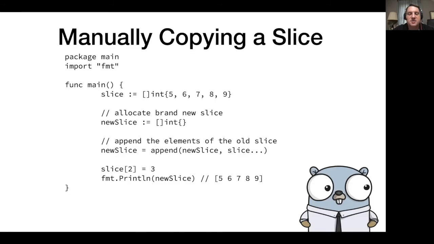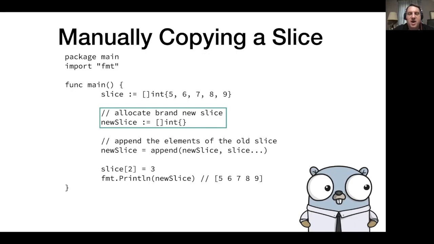So as I mentioned, if you want to actually have a copy of a slice, you'll need to manually copy it. And so that's going to mean that you're going to need to create a new slice from scratch. Okay, so you need to use some sort of syntax like this to give you just a brand new slice.